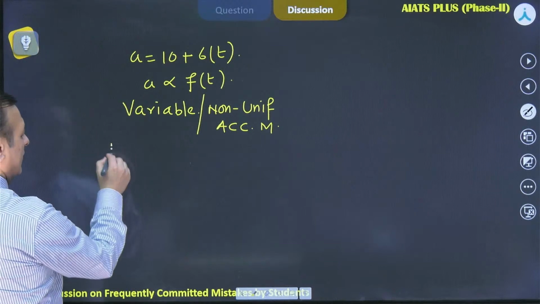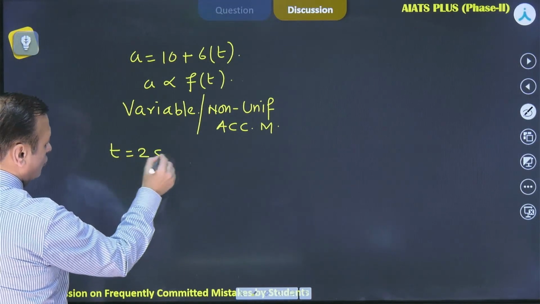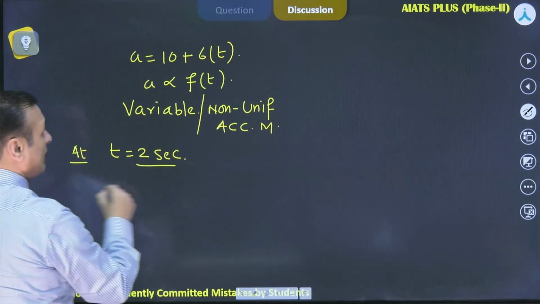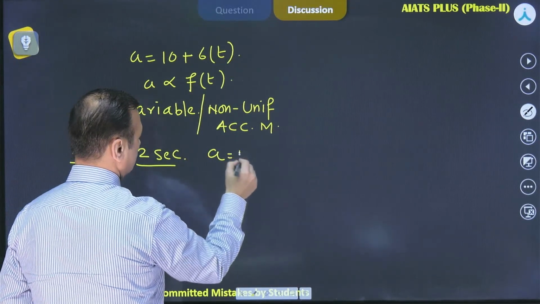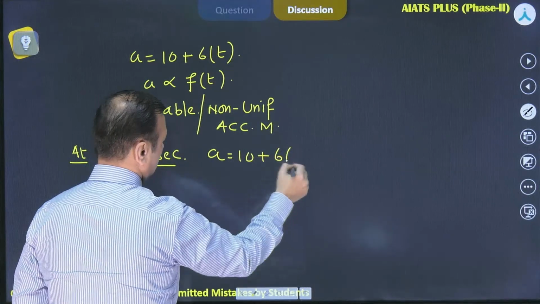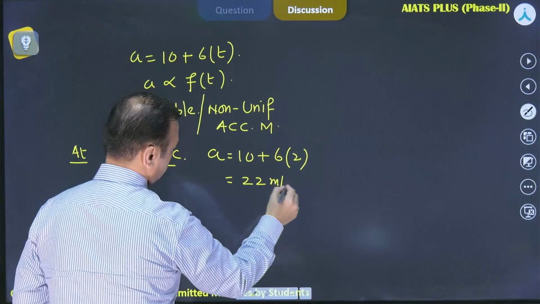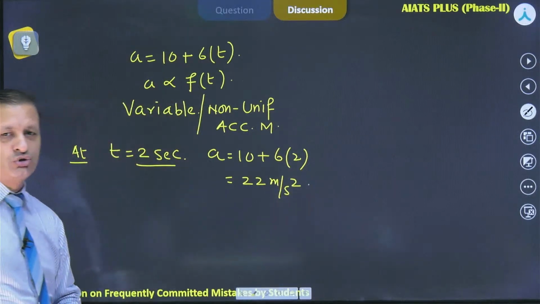So at time t equal to 2 seconds, this becomes 22 meter per second square.